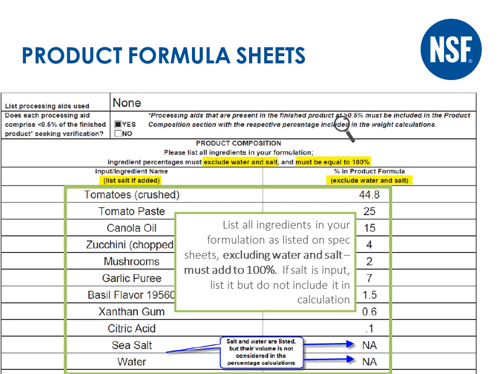The ingredient calculations are based on weight, excluding water and salt, and must add to 100%. Note that if salt is used in the formula, it is not included in the product calculations, but should be listed as an input in the product. List each ingredient as it is listed on the specification sheets and reflected on the input supplier lists, which we will go over next.